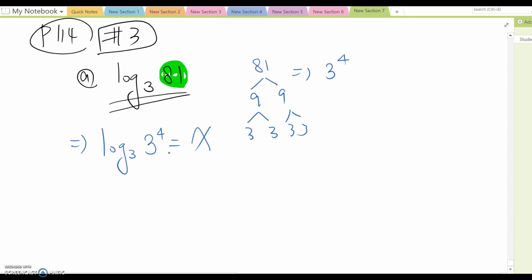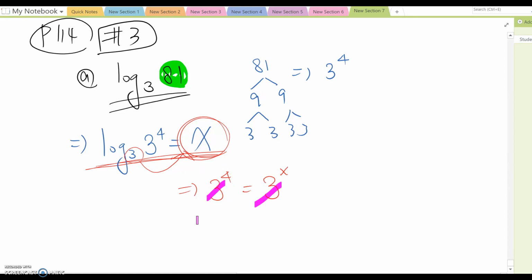Then now you can switch this to exponential form, then this becomes 3 to the 4th power equal to 3 to the x power. So last time we talked about how logarithm means solve for the exponent, right? Now, since the bases are equal to each other, the exponents must be equal to each other as well.